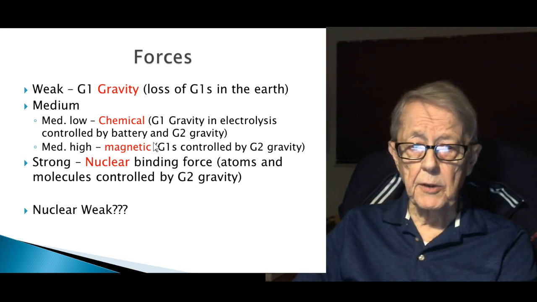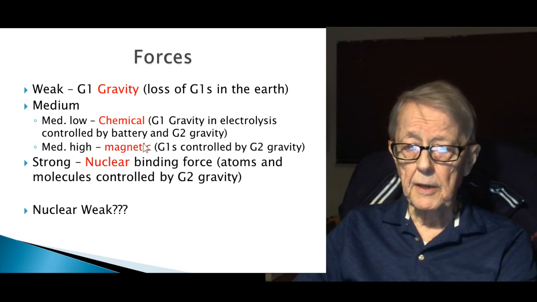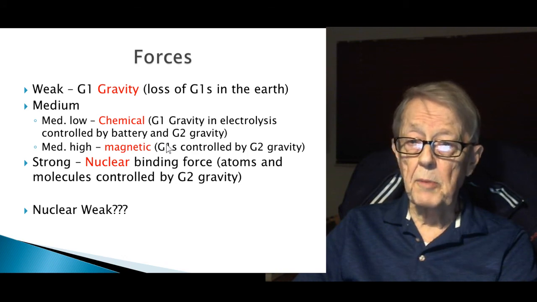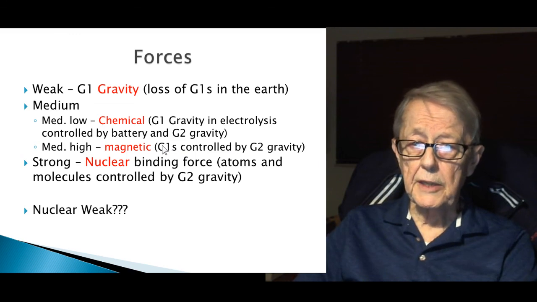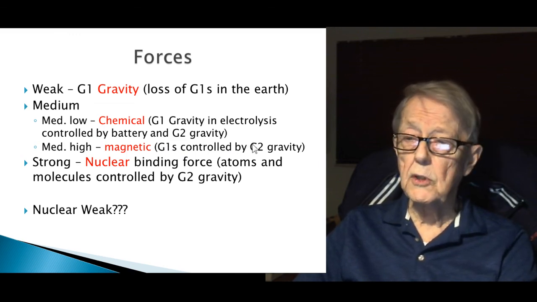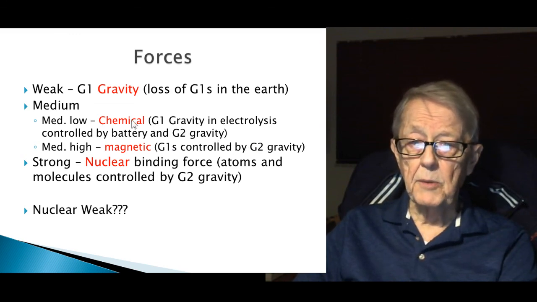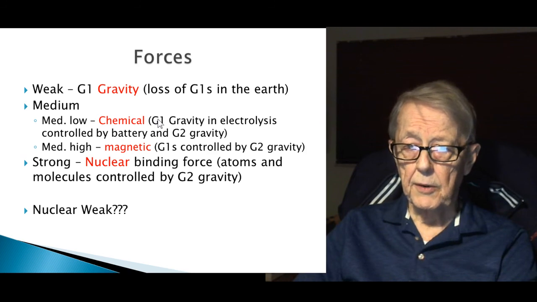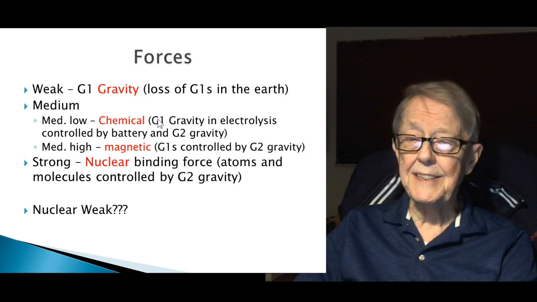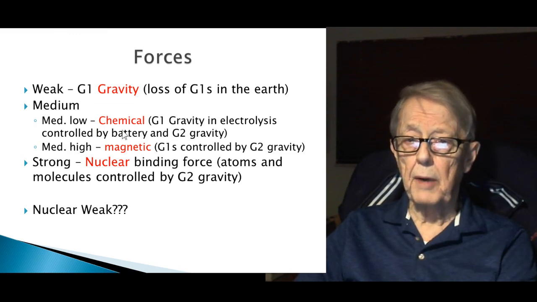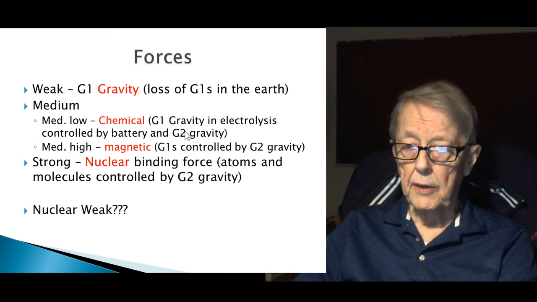In between, they normally talk about magnetic field. In the case of the particle model, the G1 flow around the magnet is controlled by G2 gravity. So it's the G1s that are the force, but behind it is the G2 controlling it. Same thing with the chemical force here, where G1 gravity between the plates in electrolysis is controlled by the battery and the G2.